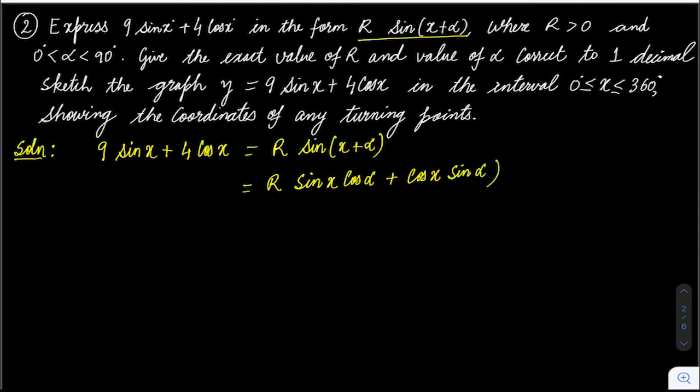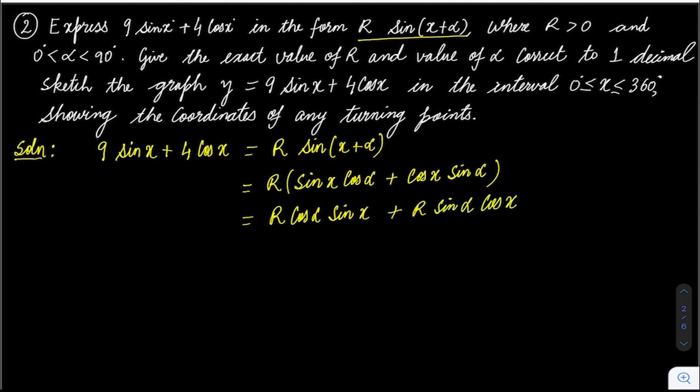Then I will use this identity. Okay, so let's multiply this. This will be equal to R times cos alpha sin x plus R sin alpha cos x.